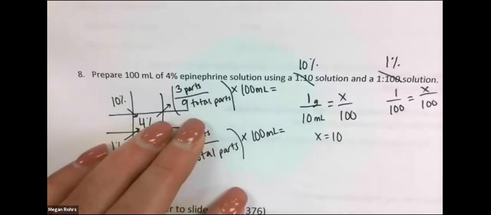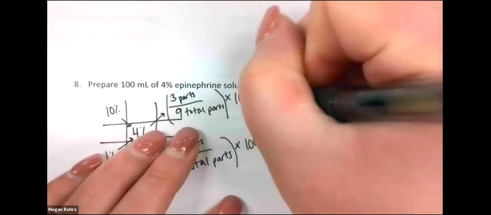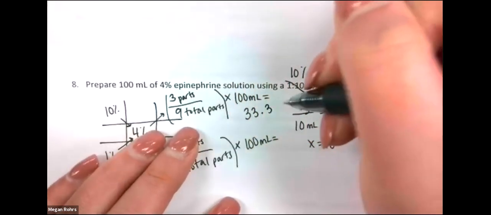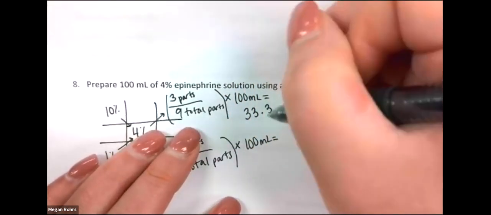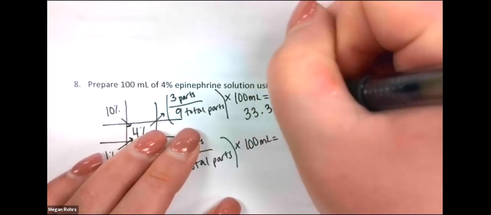So 3 divided by 9, and then we're going to take that times 100. That gives me 33.3. I'm just rounding to the nearest tenth. 33.3 mils here.